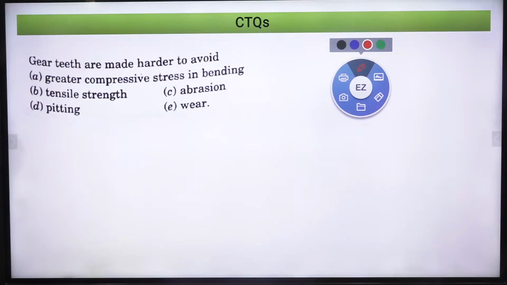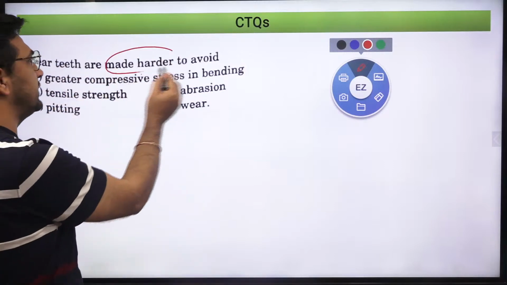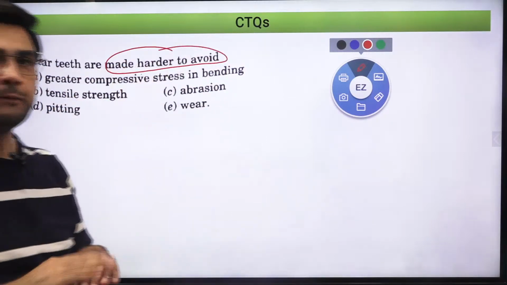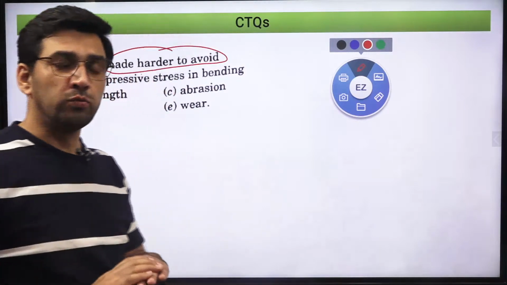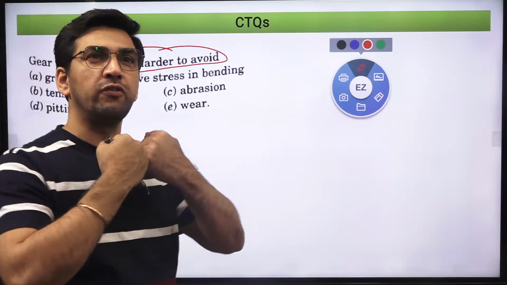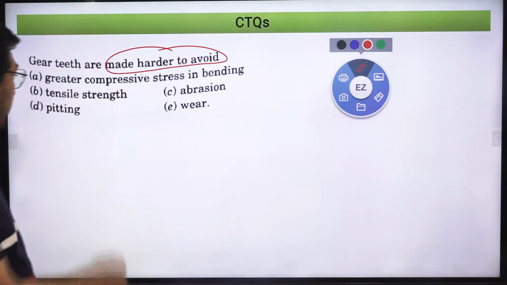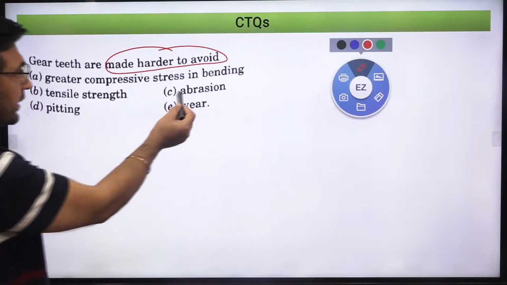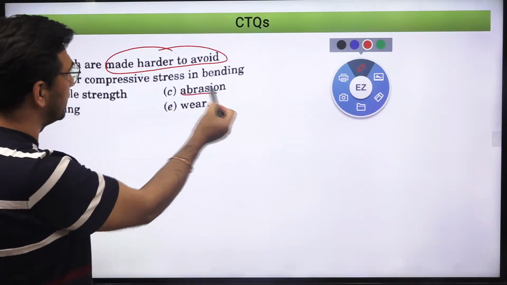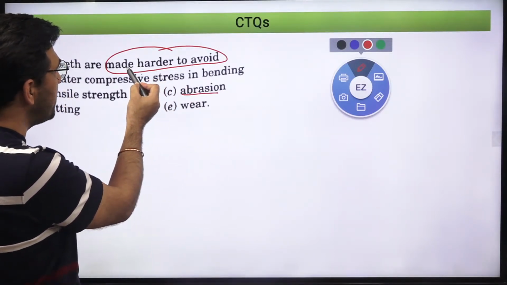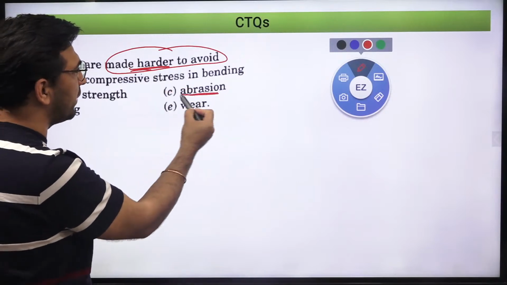Okay, see, over here gear teeth are made harder. We have discussed why they are made harder: we want to improve the surface property. So this will cover not only abrasion but also that kind of pitting failure. By making the surface hard, are you improving the abrasion resistance?